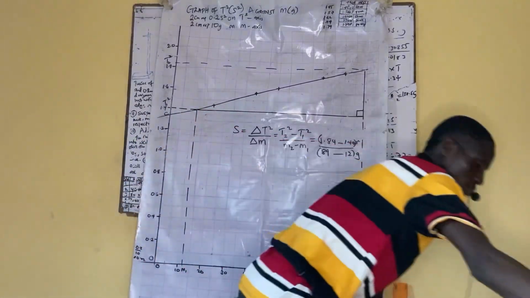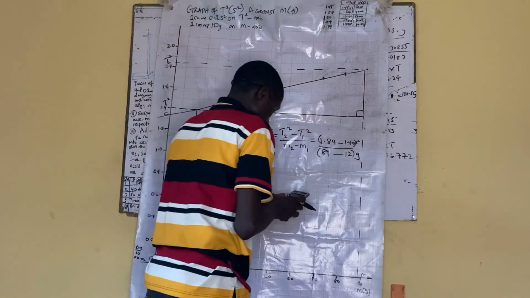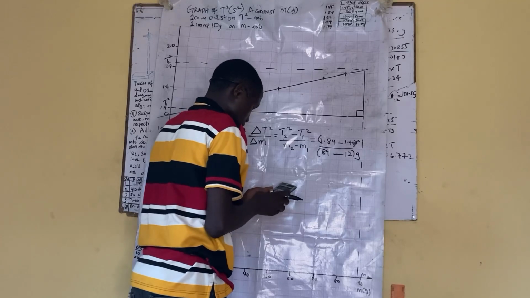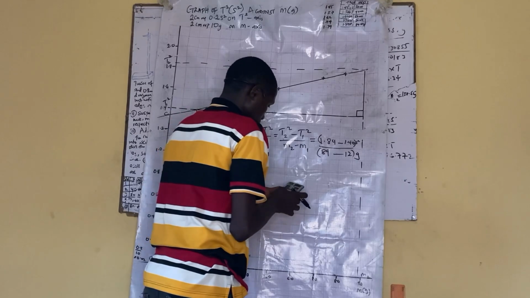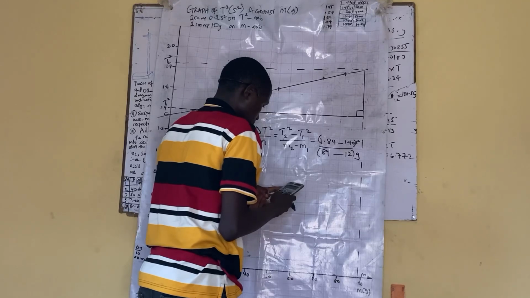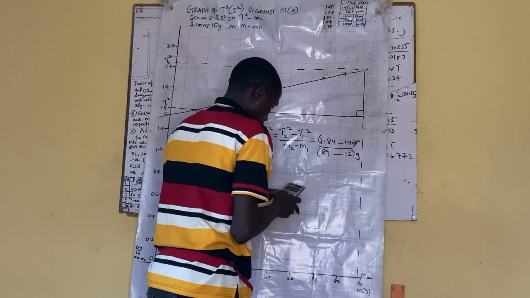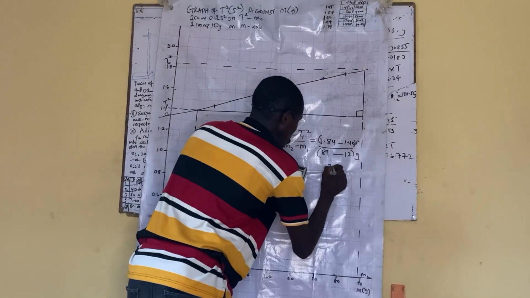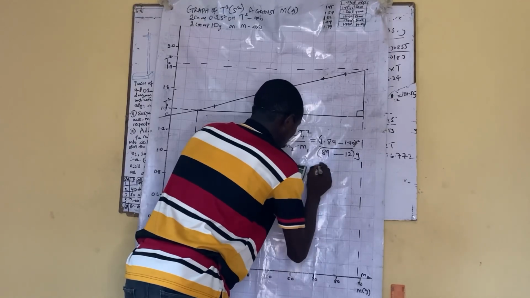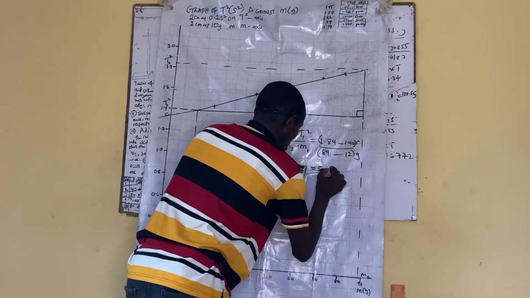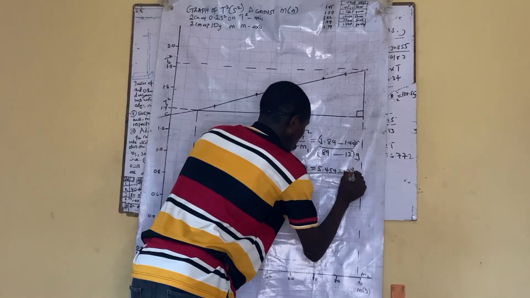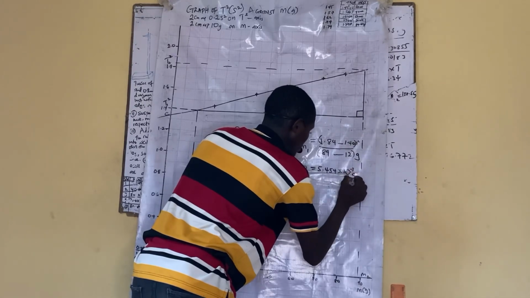So let's quickly do the calculation. So we have 1.82 minus 1.40 divided by, I'm doing it once and for all, 9 minus 12. This one will be 3 points. It will be equal to 5.454 times 10 raised to power minus 3 seconds squared per gram.